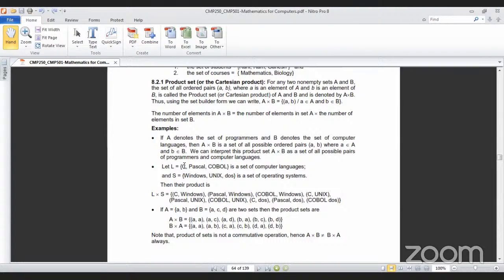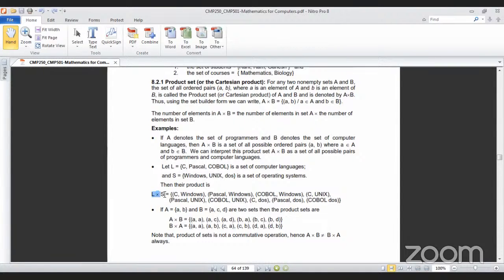Your first will be (C, Windows), (C, Unix), (C, DOS). C is completed because we are having L cross S. If it was S cross L, it would be (Windows, C), (Windows, Pascal), and (Windows, COBOL).